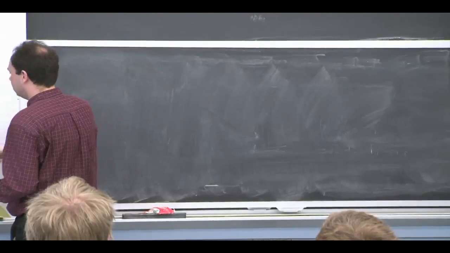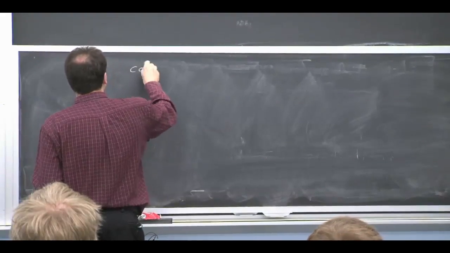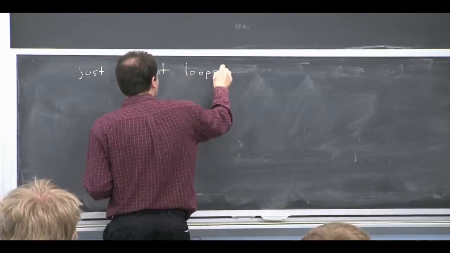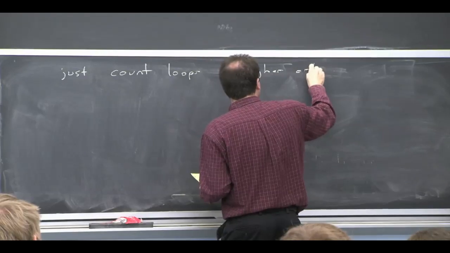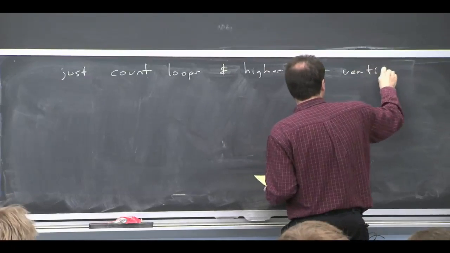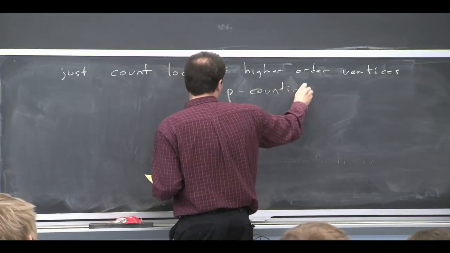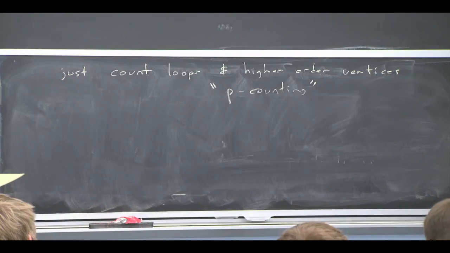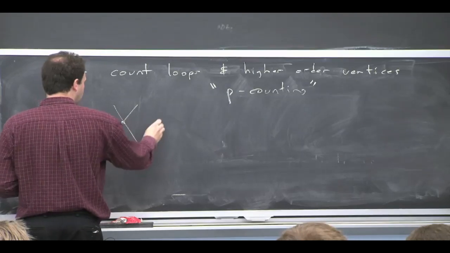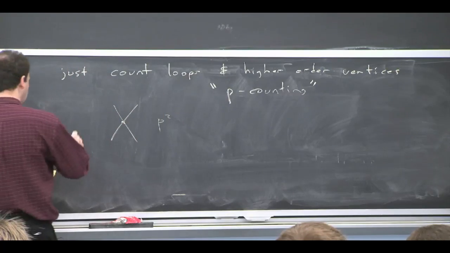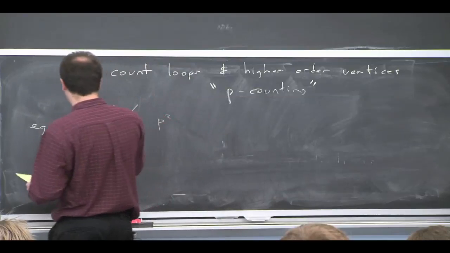All right, so what people often refer to this as is p counting. Because you're counting momenta, and that includes p or m pi, but sometimes people call it p counting. And just to do some examples, when we had the lowest order Lagrangian, this comes out as 2 powers of p because there's 2 derivatives.